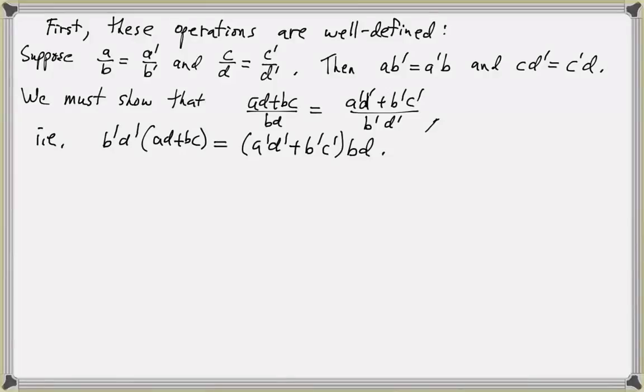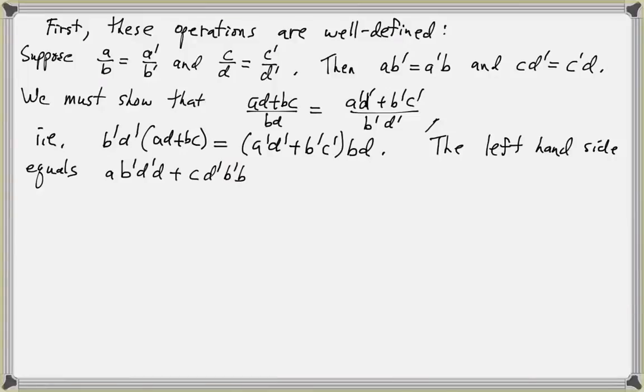So let's look at this last equation. The left-hand side equals AB prime D prime D plus CD prime B prime B. We have some substitutions we can use.